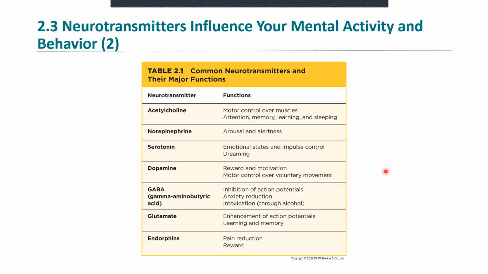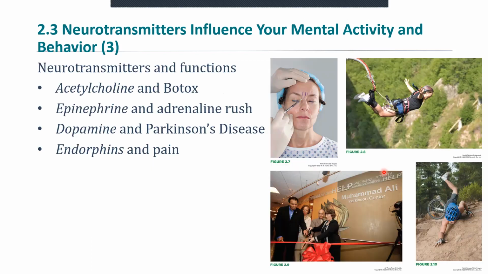I'll talk about a few more neurotransmitters on this last slide of this section. And this is from your book. All these pictures are in your book, but I'll just go over them real quick. So acetylcholine, these are all neurotransmitters that are listed here. It's responsible for motor control over your muscles.